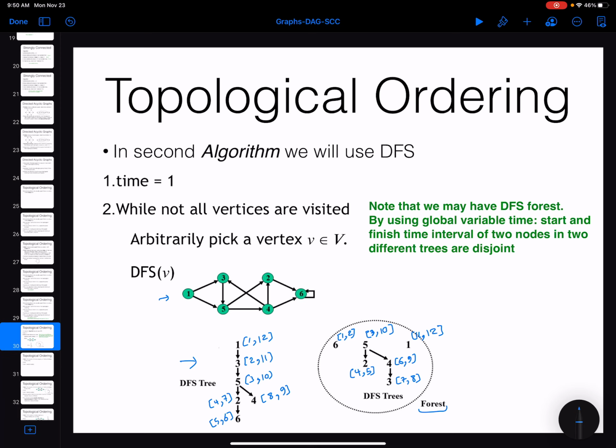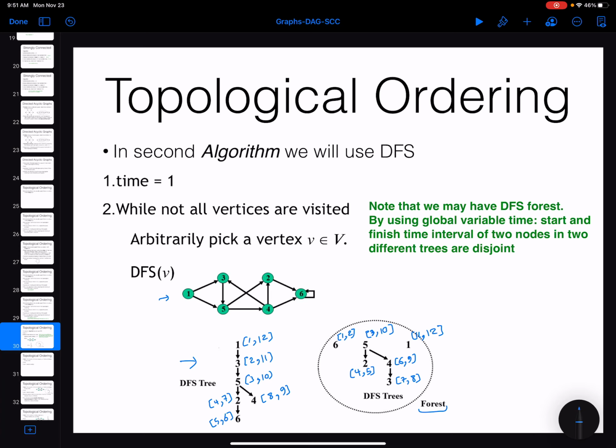But the thing is, which node has the latest finish time?